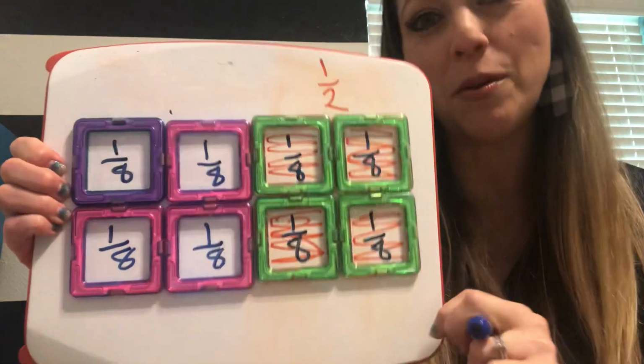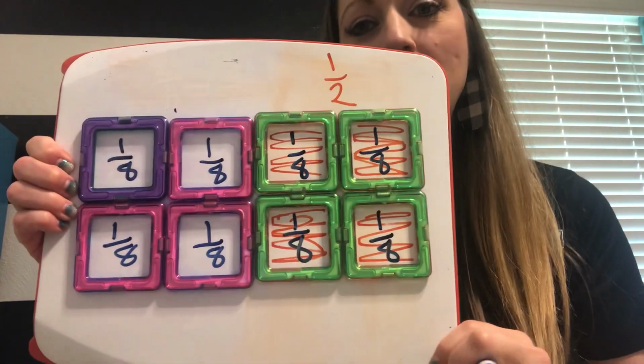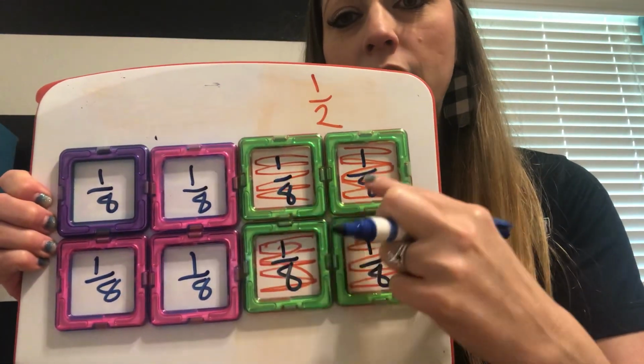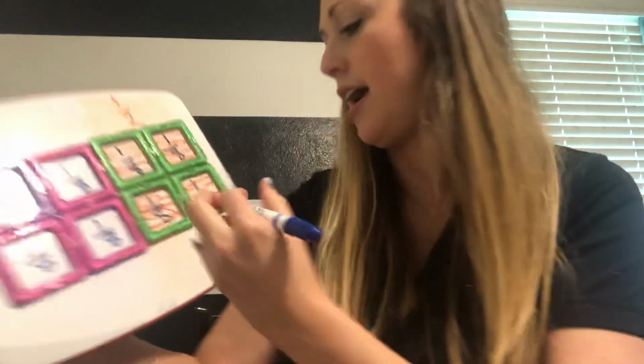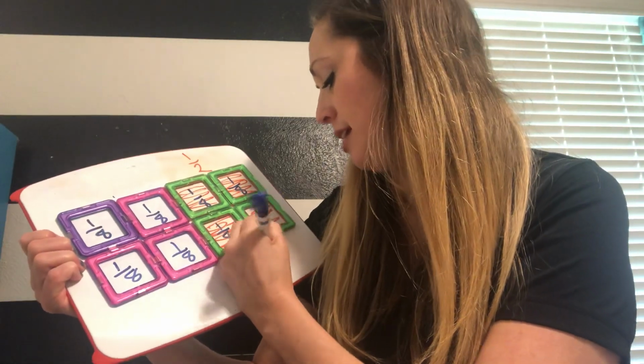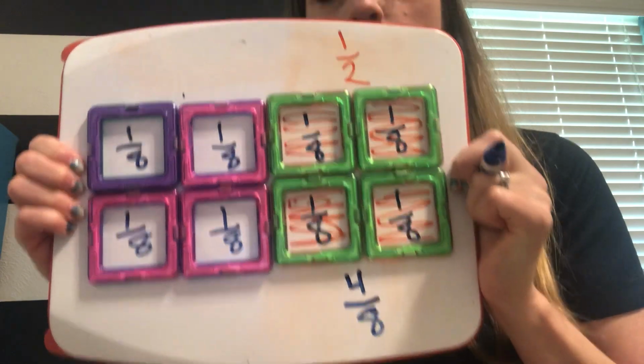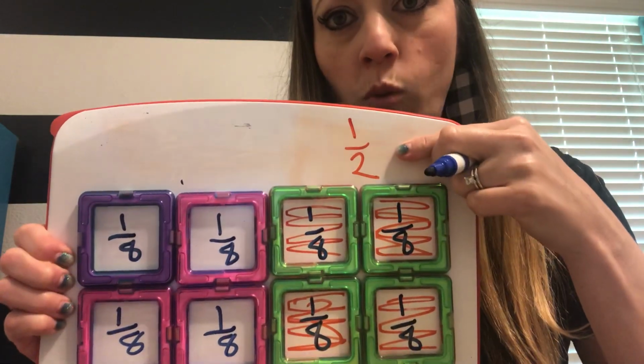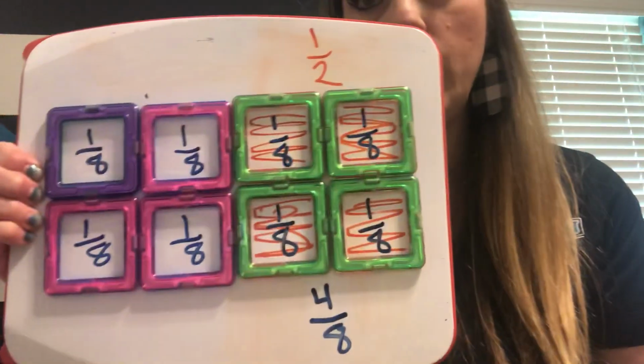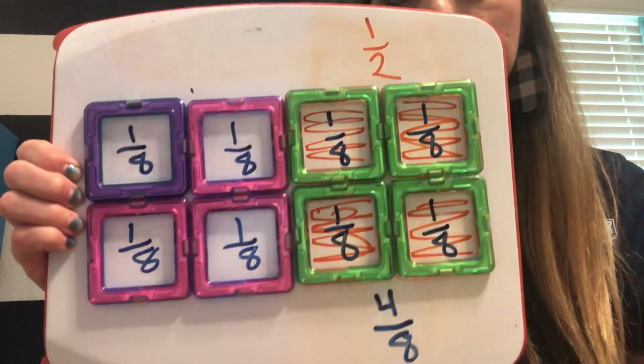Okay, I hope you were able to pause and write your answer down. So let's count. We have 1, 2, 3, 4 8ths. So I could represent this side that is green as 4/8. But guys, I also represented it as 1/2. So what do you think that means?